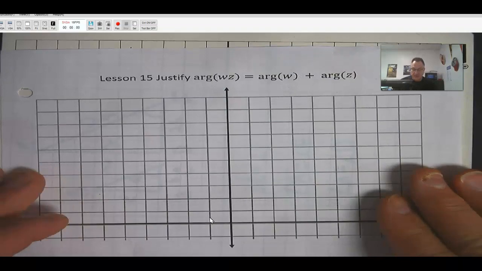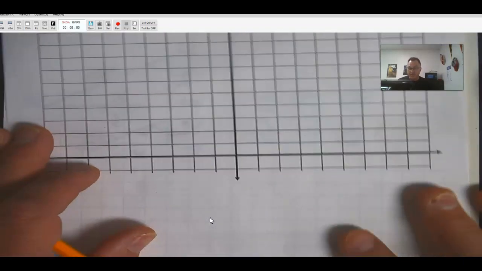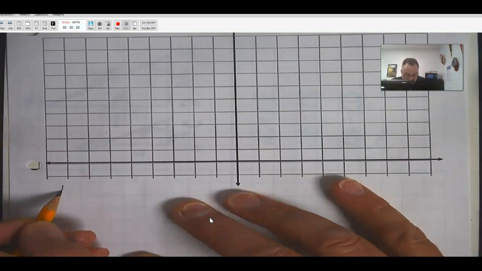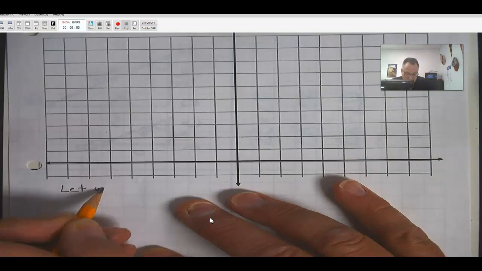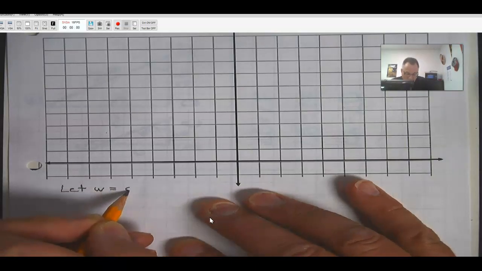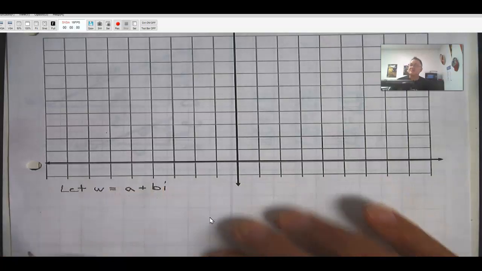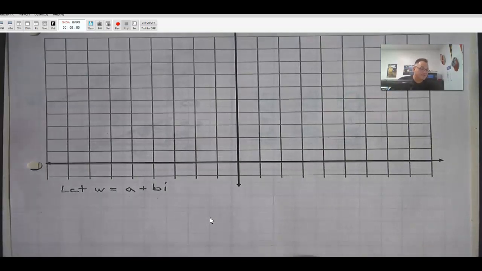All right, so yesterday we learned how to multiply two vectors. So on your paper right here, let's write let W equal A plus BI. It's some vector or some complex number.